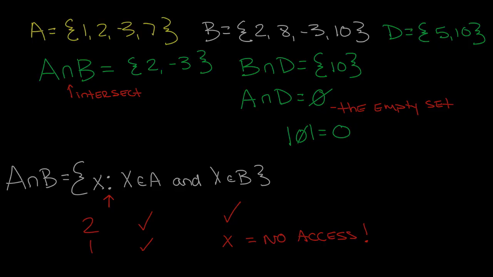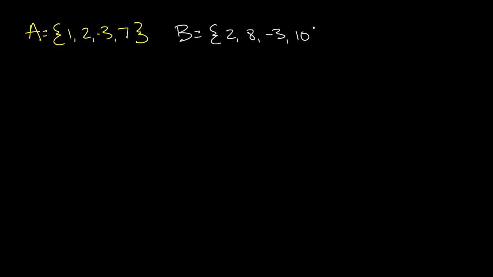Okay, fine. Let's rewrite those sets and give you a different definition. So A is equal to {1, 2, -3, 7}. B is equal to {2, 8, -3, 10}. And D is equal to {5, 10}. The next idea we're going to define here is the idea of union.